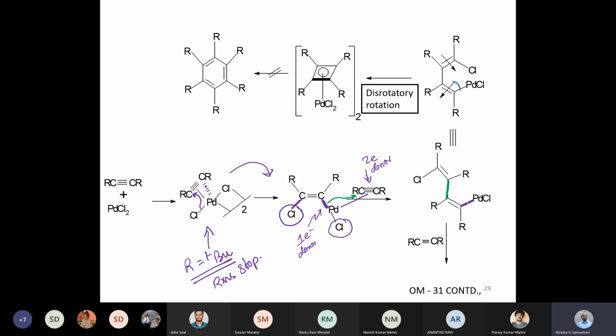Okay. So if I label it as 1, 2, 1, 2, I have 1, 2. This is a carbon-carbon bond, so that's 3, and this is 4.